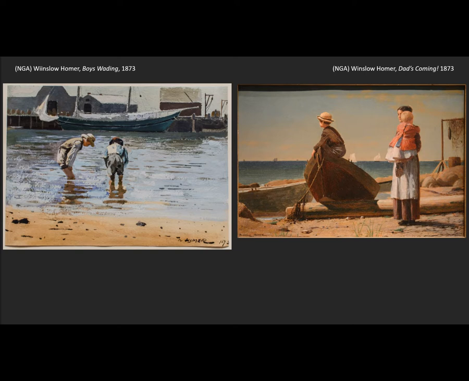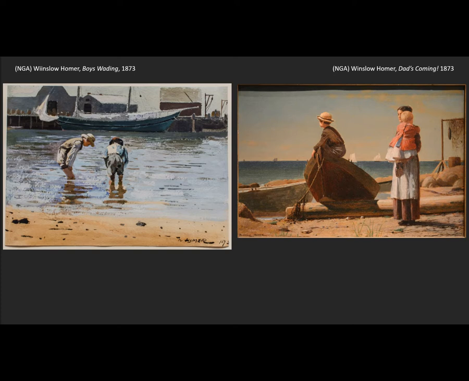And in all of these, he's capturing, again, like he did with the schoolhouse pictures, the sense of what life was like at this time, right? How unspoiled and idyllic it was to live in the countryside rather than the city, where you've got time to roll up your jeans and look for treasure beneath the surface of the water, where you don't have much to do but wait for Dad to get home from his fishing trip, right?